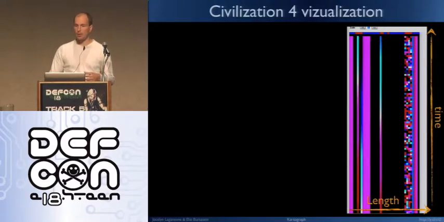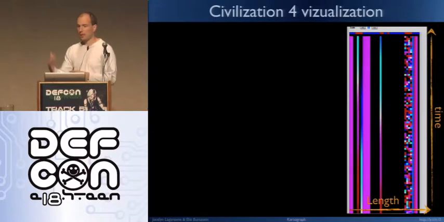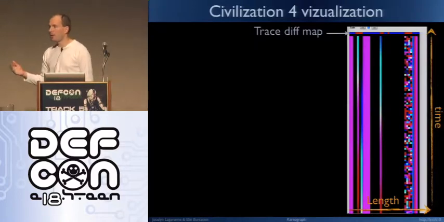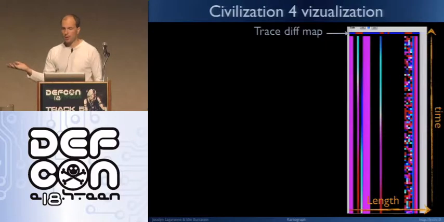And on the y-axis, each packet is stacked up on the other, so we see the evolution of the trace. And as you can see, on the top of it, we have something different, which is blue and red, and you should be used to it by now. This is our diff map analysis for the trace. So it tells us which part of the packets are moving and which one is not. Blue meaning not moving, and red meaning it did change at some point.